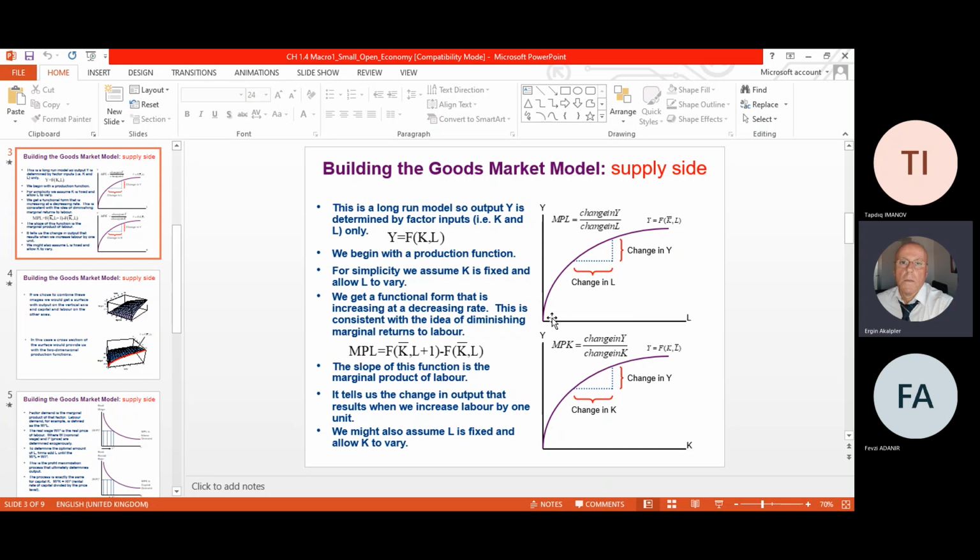As I mentioned to you, every unit added to the employee or labor gives a decreasing amount of increase in the output, because of the figure's shape.